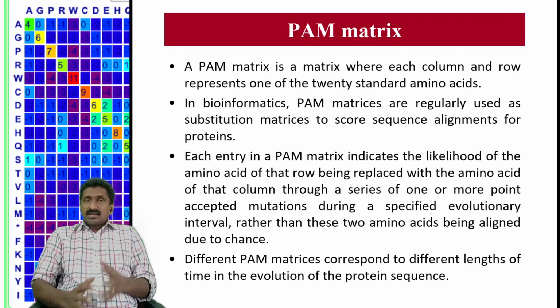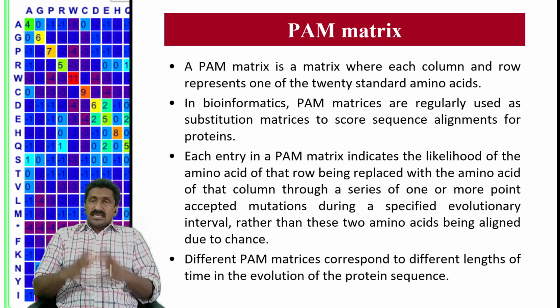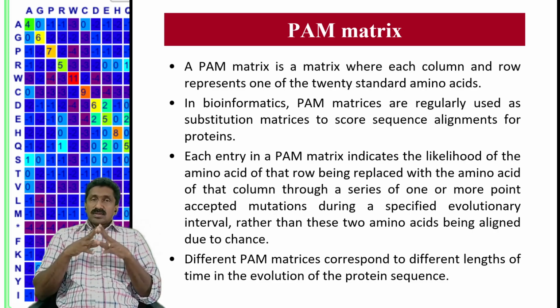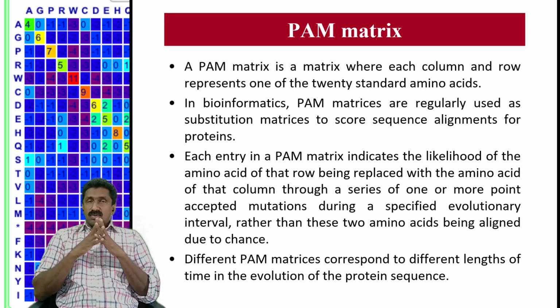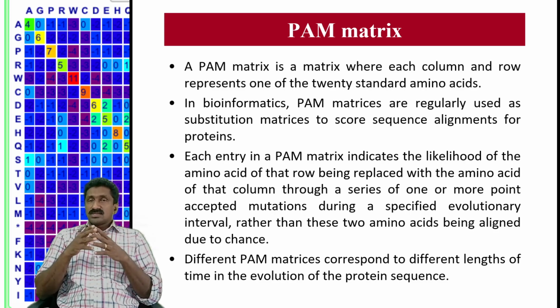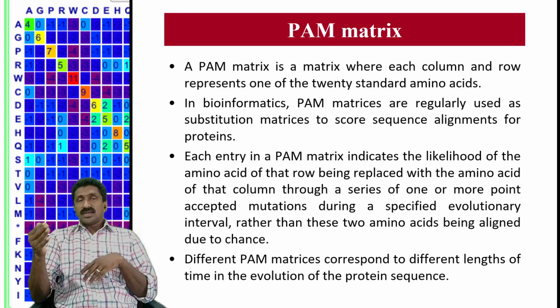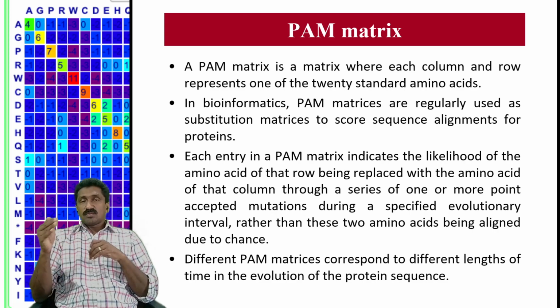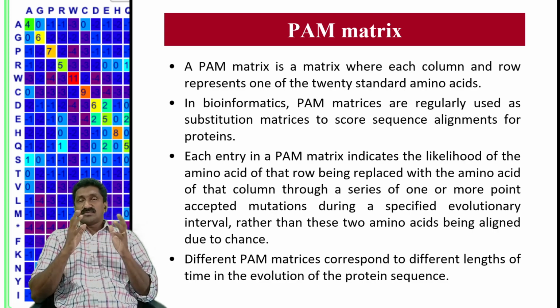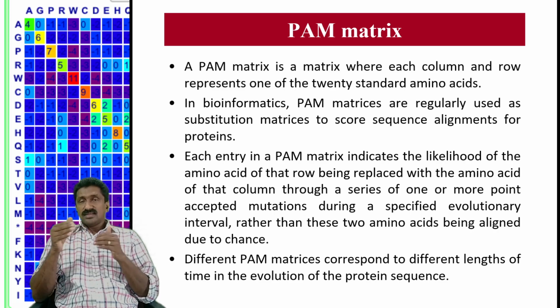A PAM matrix is a matrix where each column and row represents one of the 20 standard amino acids. In bioinformatics, PAM matrices are regularly used as substitution matrices to score sequence alignments for proteins. Each entry in a PAM matrix indicates the likelihood of the amino acid of that row being replaced by the amino acid of that column through a series of one or more point accepted mutations during the specified evolutionary interval, rather than these two amino acids being aligned due to chance.